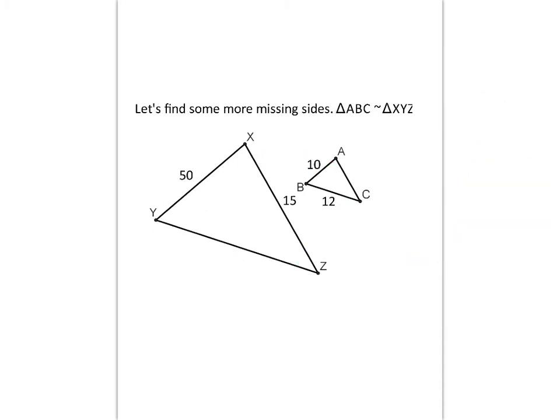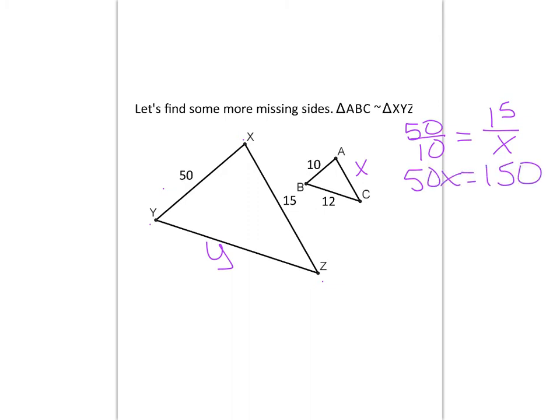Moving on. Again, I'm going to label my sides X and Y. I see that 50 is to 10. Now, when you set up your proportions, remember, if I start on XYZ, I need to start on XYZ on the other side of my proportion. So 15 is to X. So 50x equals 150.